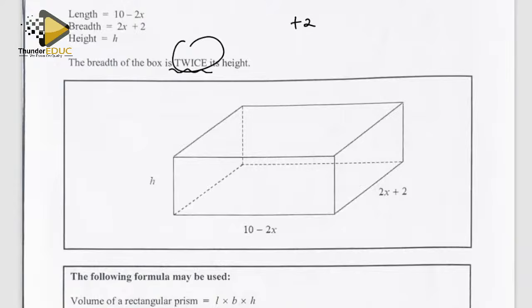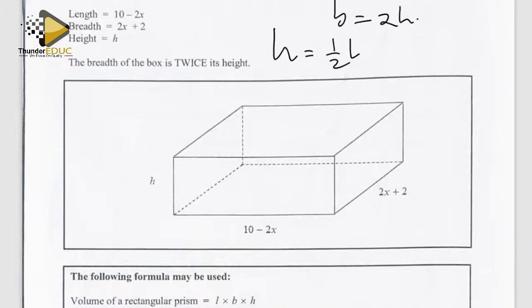People who know English, please help us. The breadth, so B is twice the height, meaning that the height must be half the breadth. So a half into 2x plus 2 means that our height is going to be x plus 1.